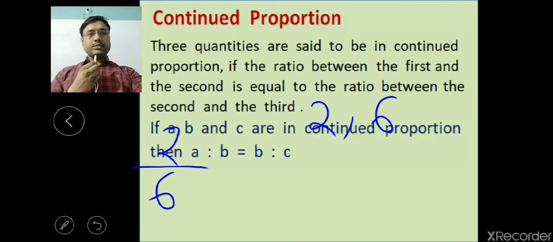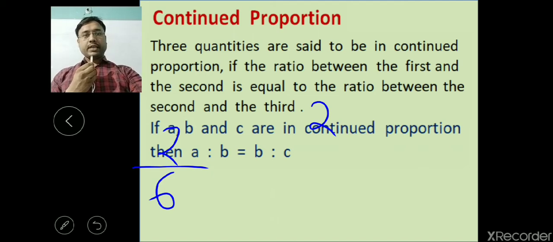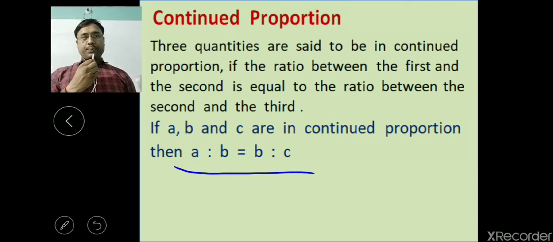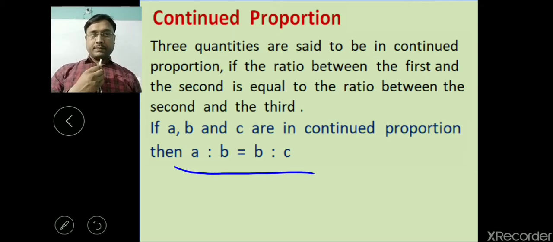Now, students, we can say that A, B, C are in continued proportion if A is to B equals B is to C. Here the second and the third numbers are common.